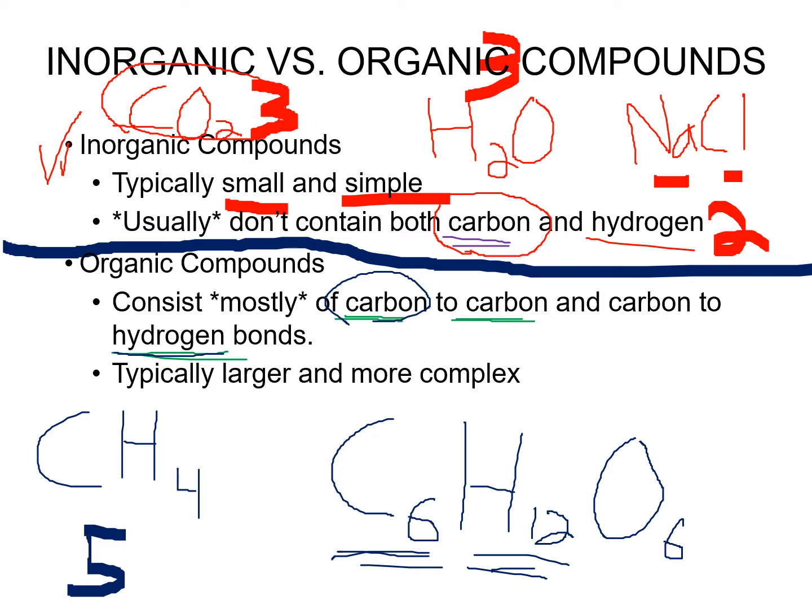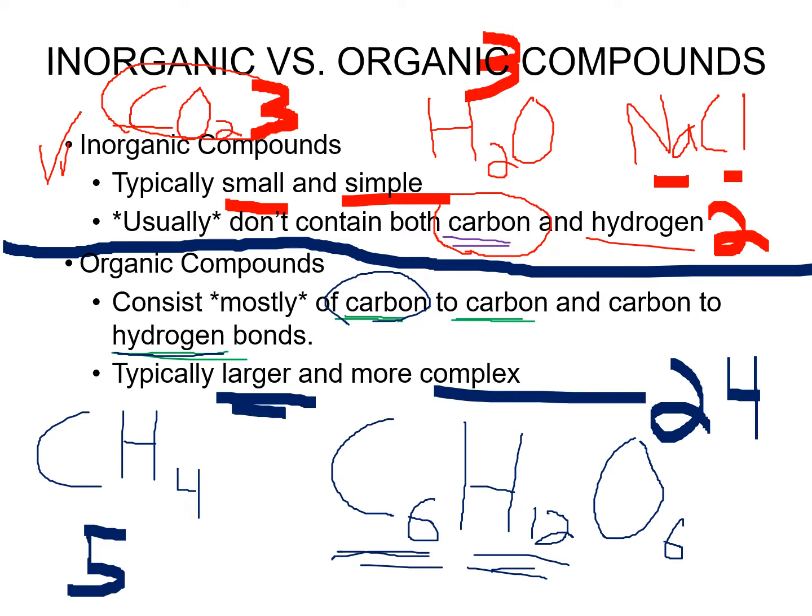We have 6 carbons, plus 12 hydrogens, plus 6 oxygens. And if you do the math there, we're talking about 24 atoms. So organic compounds typically tend to be a little larger, a little more complex. They have more atoms in them compared to the smaller inorganic compounds.